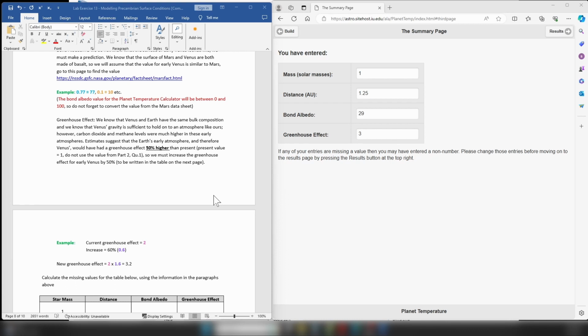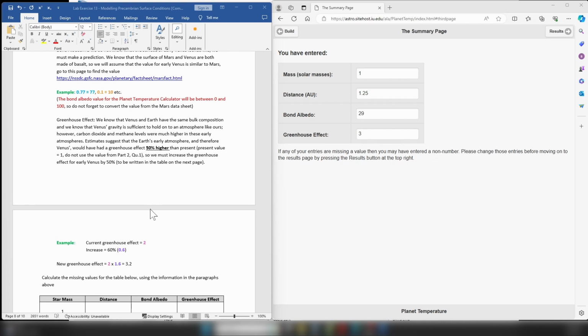However, we can assume that based on Venus being a relatively similar size to Earth and having a very, very similar bulk composition, the atmosphere at that time was probably quite similar to that of the Earth. So we are going to be conservative in our greenhouse effect, and we're going to say that it was 50% stronger than present day.